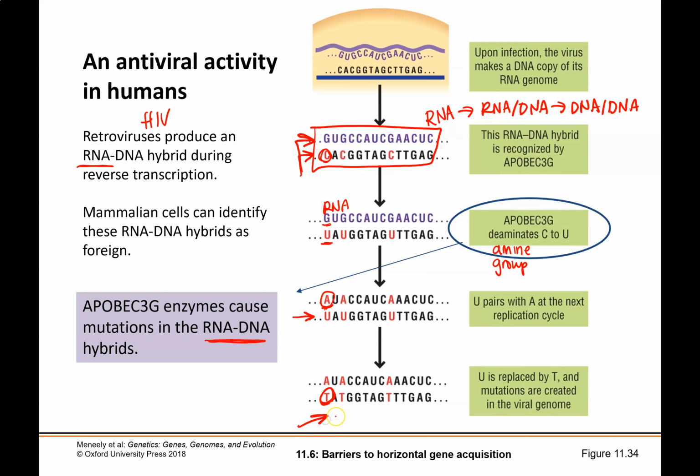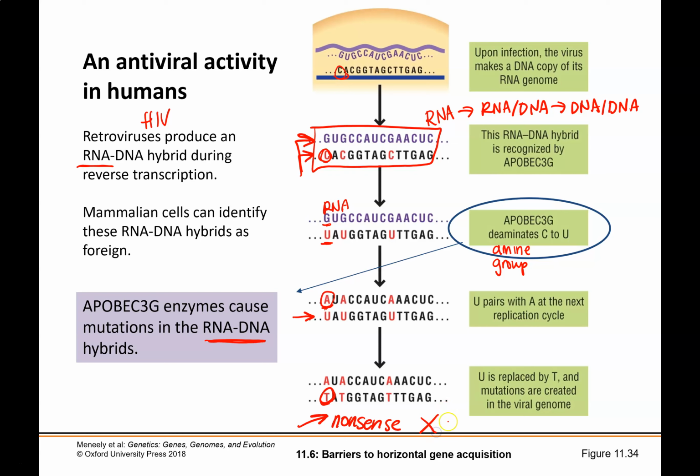And this is going to basically be nonsense to the cell. It's not going to code anything anymore, because the original RNA sequence had a C there, and now it has a T in the DNA that has been infected into the cell. And so that DNA, now full of mutations, cannot properly produce new viruses.